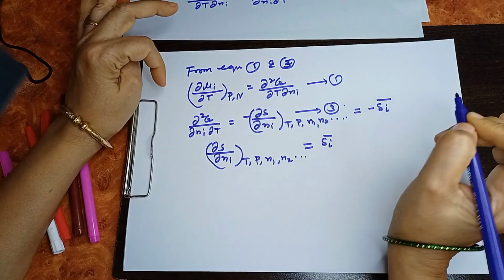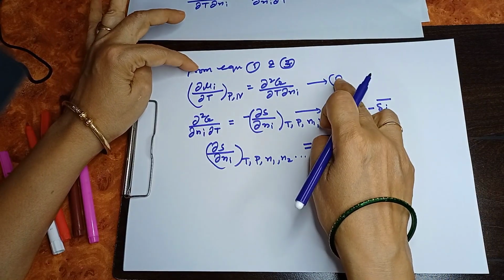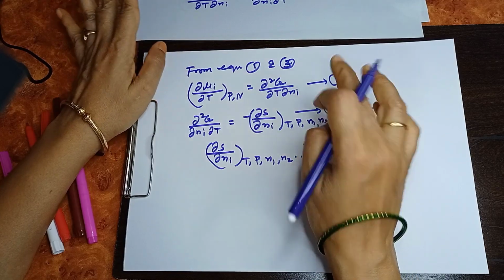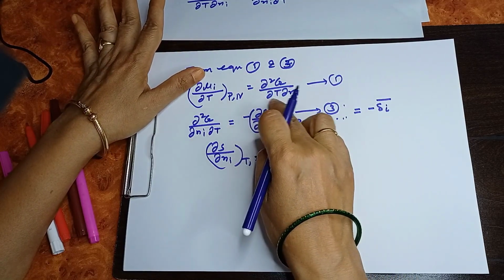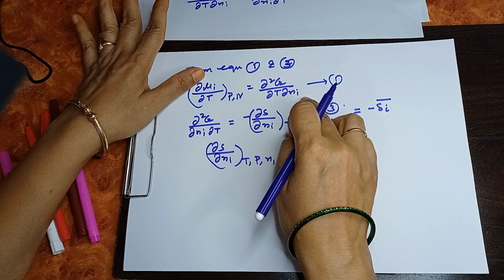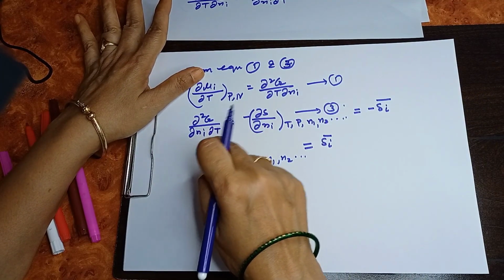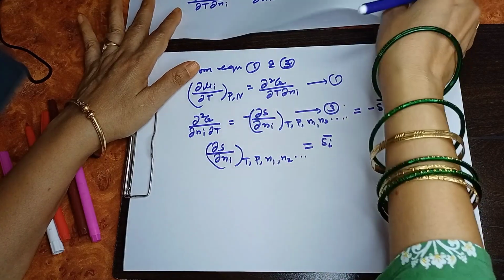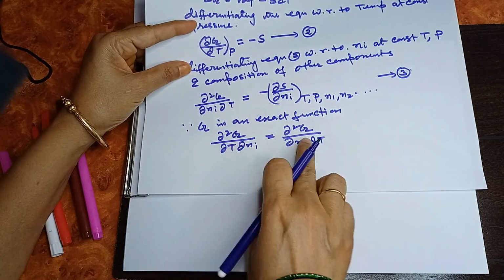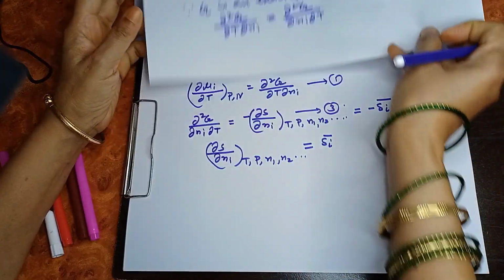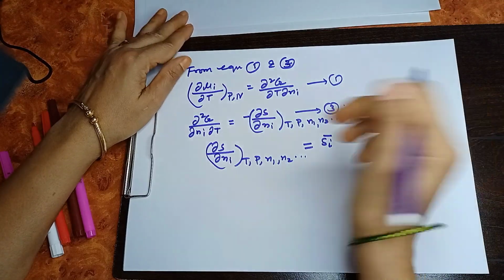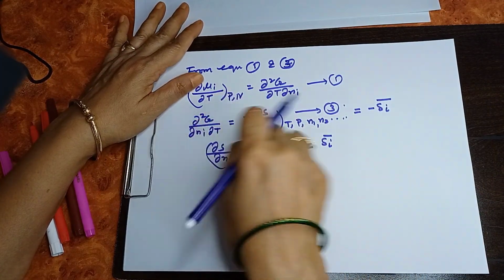Now look at equations 1 and 3. Equation 1 has ∂²G/∂T∂n_i, and equation 3 also has ∂²G/∂n_i∂T. I already told you that these two are the same because G is an exact function. Then what can we write? We can equate these two.